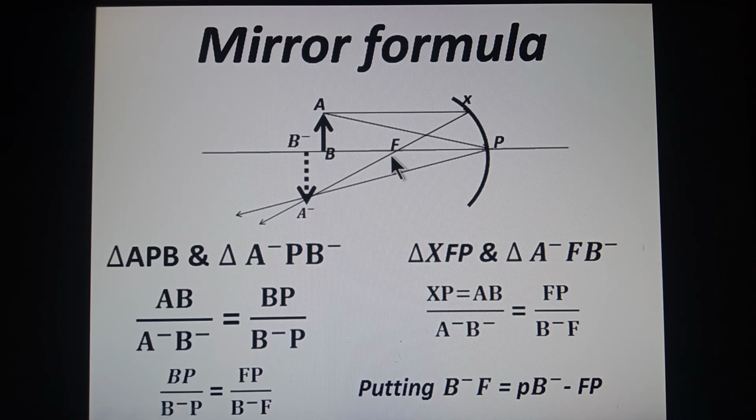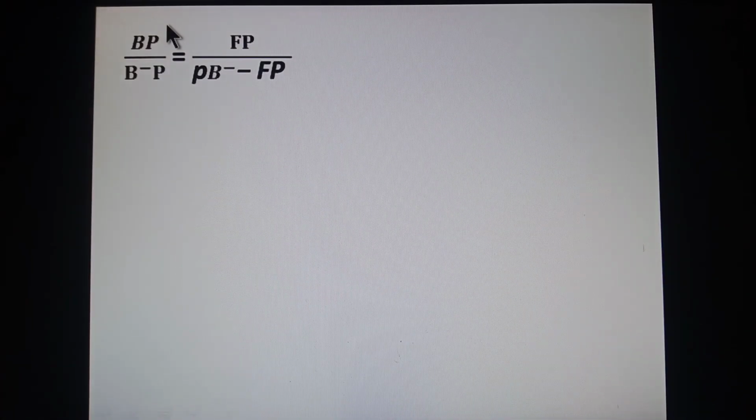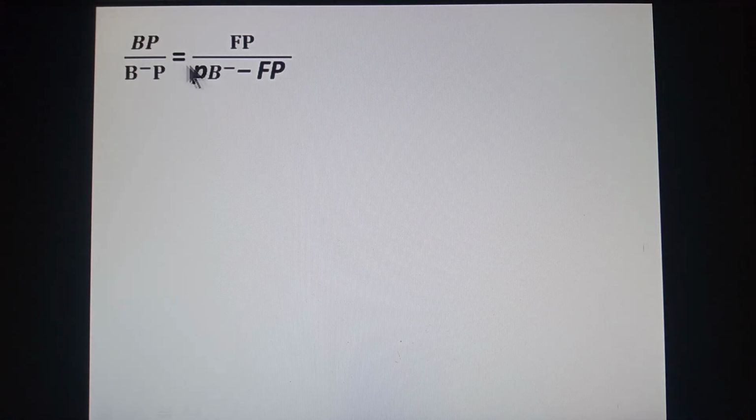So when FP is subtracted from PB prime, we get B prime F. Replacing B prime F with this value, we get an equation like this: BP over B prime P is equal to FP over PB prime minus FP.